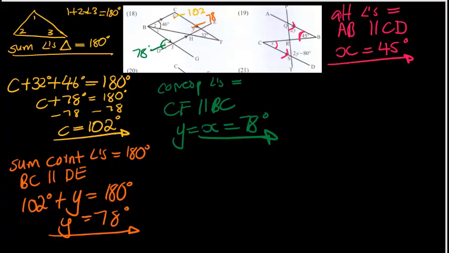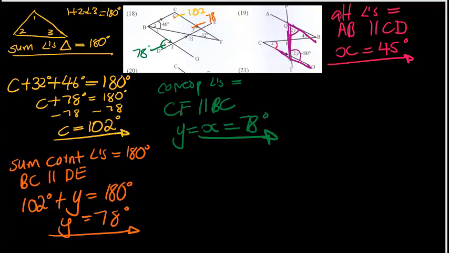Let's solve for y. To solve for y, these are my parallel lines. This one is parallel to that one. So I can either do a U or a Z, right? Z is not going to work because they're on the same side. So let's do a U. I'm going to use that angle and that angle.